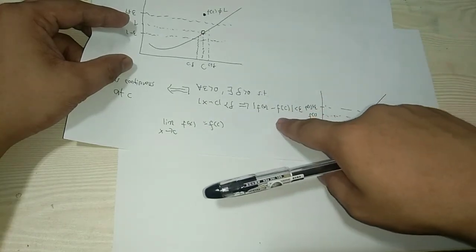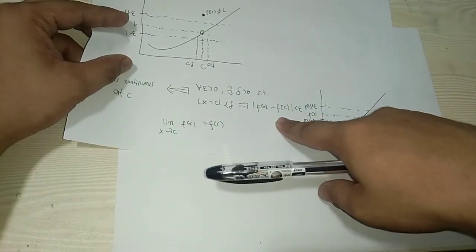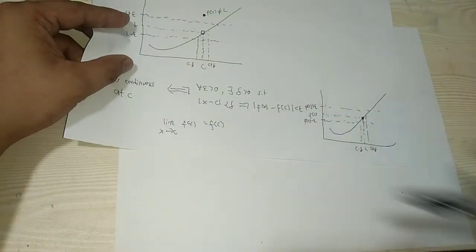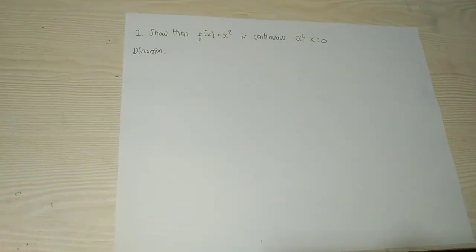But this time, we must show that the limit is the value of the function f of c. Not just any L, or just any certain value that is less than epsilon. Okay?